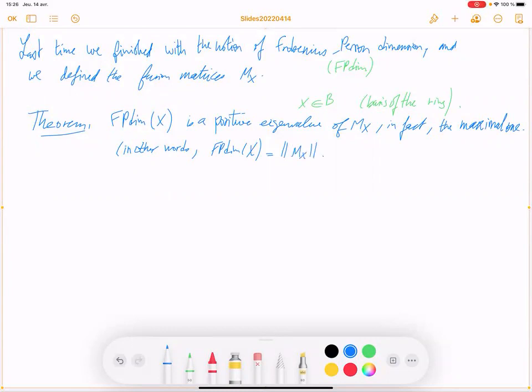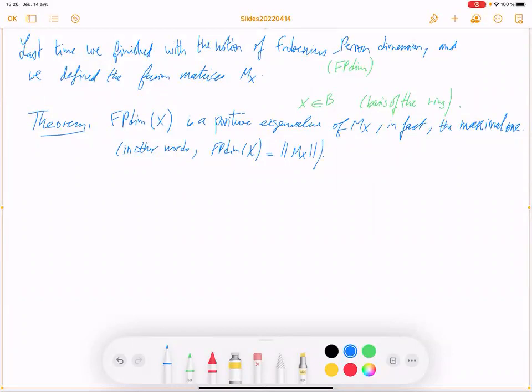Because it's a well-known result in linear algebra, the matrix norm is, if the matrix has positive eigenvalue. Let me check. In this case, it is a matrix norm.